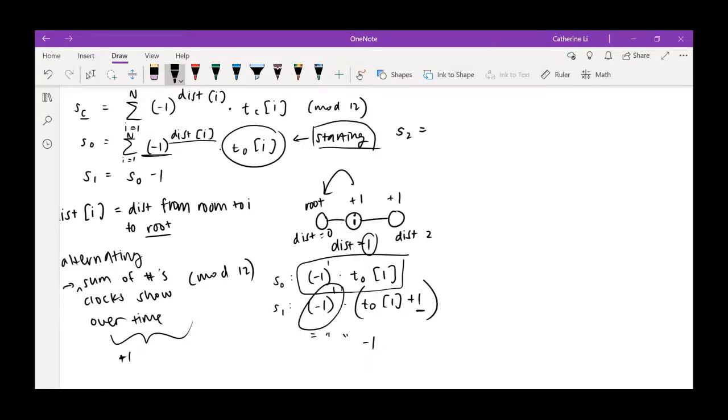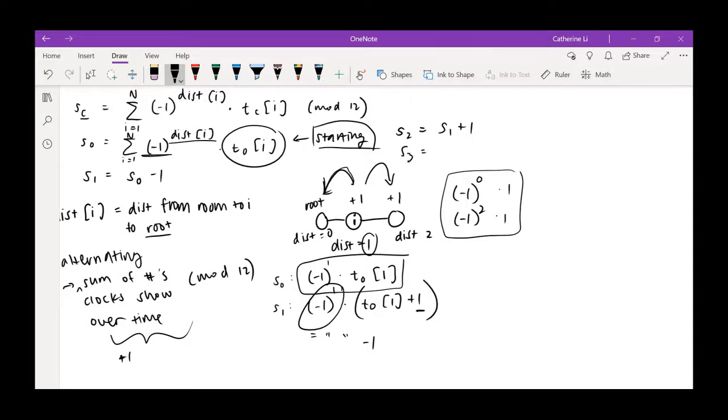The parity of the distance to the root is always going to change each time, which means whether or not we go to the second node or go back to the root, it's the same parity. So this is going to be S_1 plus 1 instead, because we're going to have -1 to the 0 or -1 squared, times +1. This is how much we're going to change the total sum.